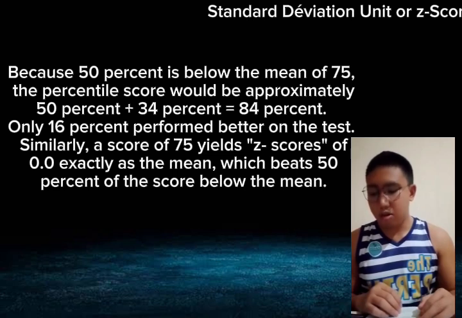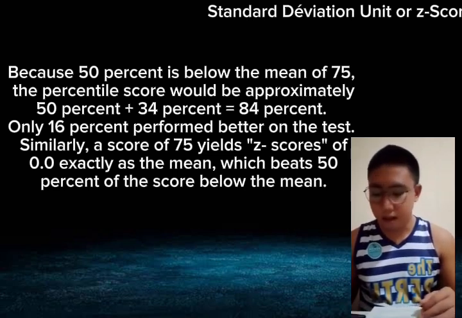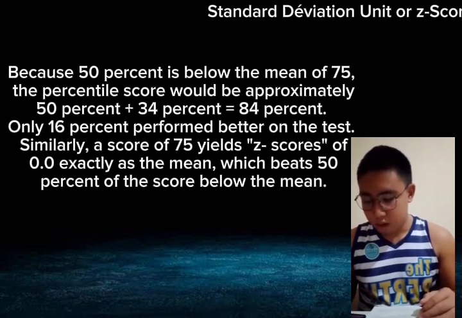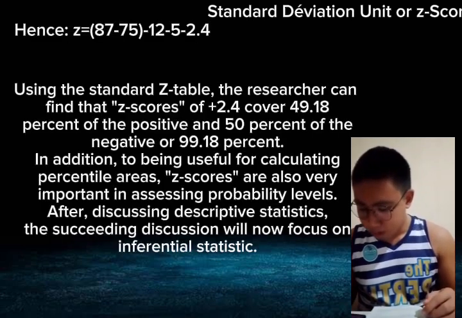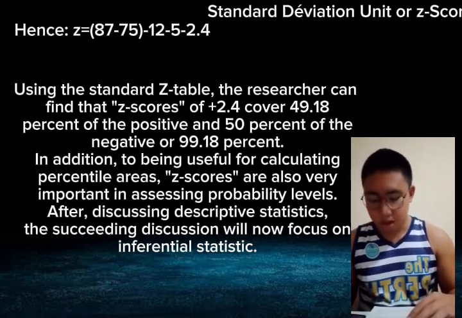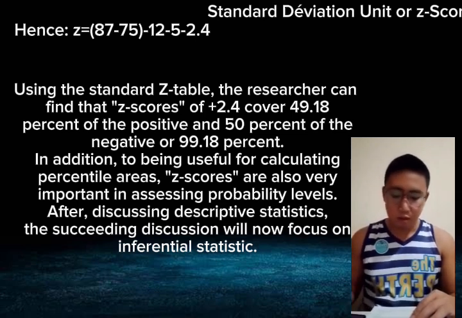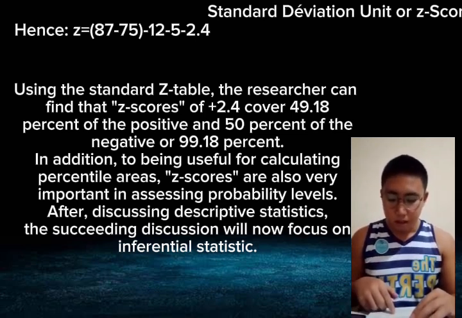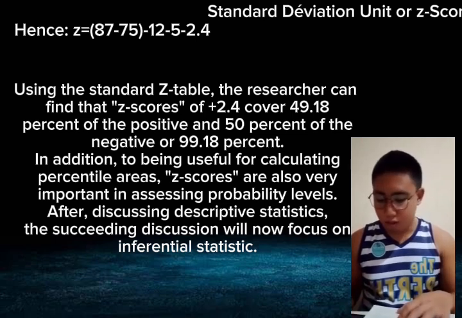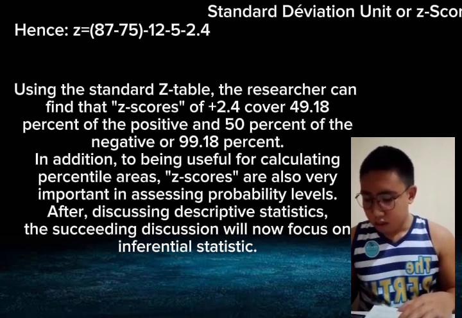Similarly, a score of 75 yields a z-score of 0.0, because 75 is our mean or the average, which beats the 50% of the scores below the mean. Hence, z equals 87 minus 75, which equals 12. Then we divide that by 5, which is our standard deviation, which equals 2.4.